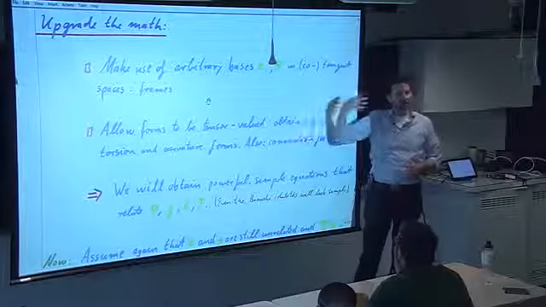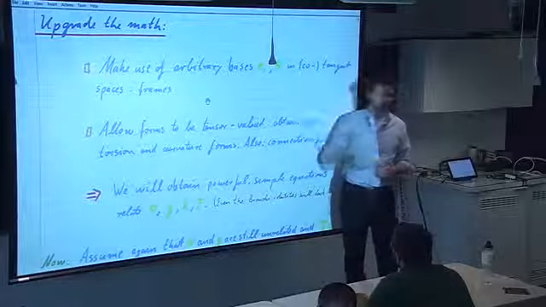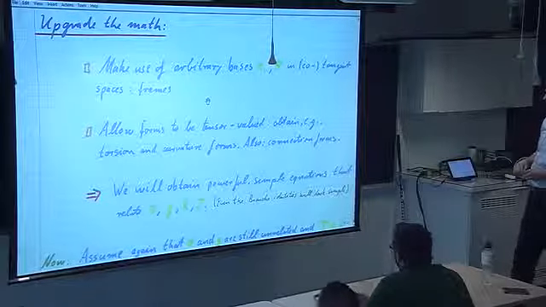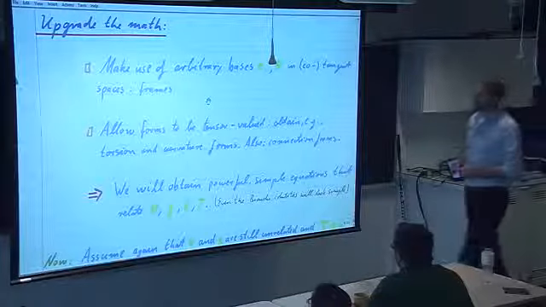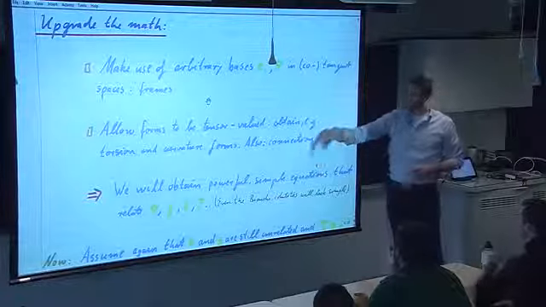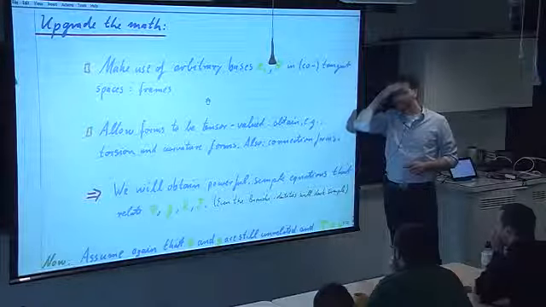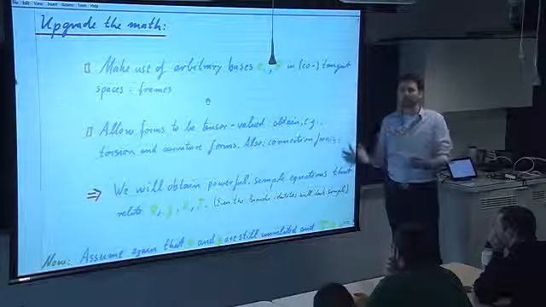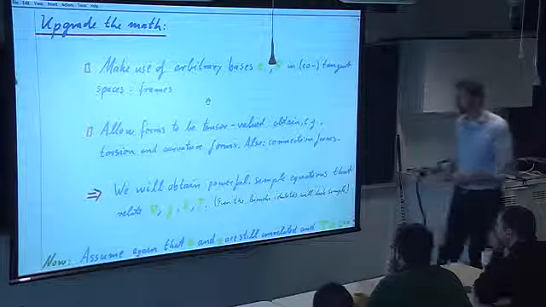And in this way, you can integrate also tensor-valued things. And in particular, this would allow us to see the Bianchi identities in a simpler, more transparent way.